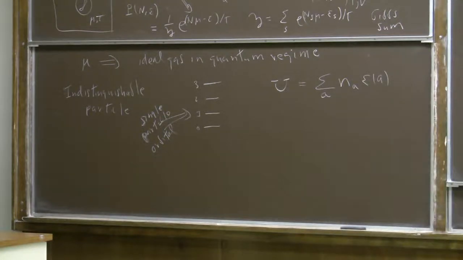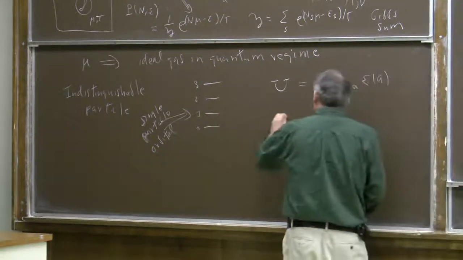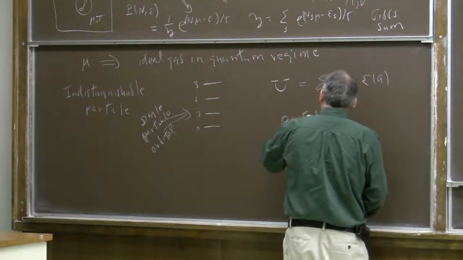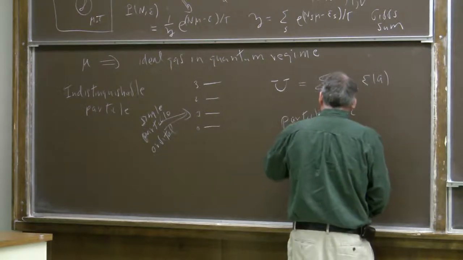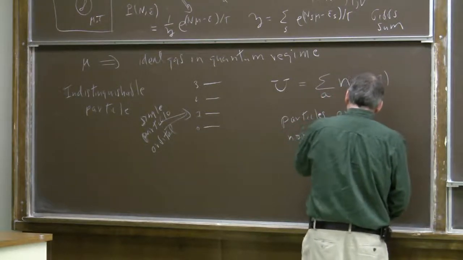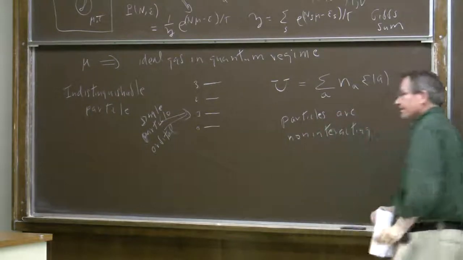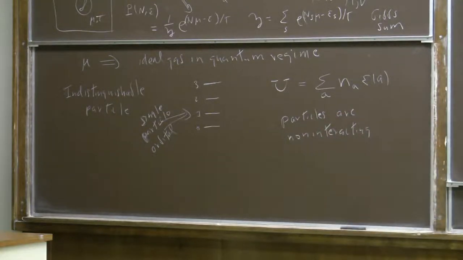So that captures the idea that the particles are non-interacting. The energy cost of adding a particle in a particular orbital doesn't depend on what other particles are already around or what the number of particles occupying that particular orbital is.